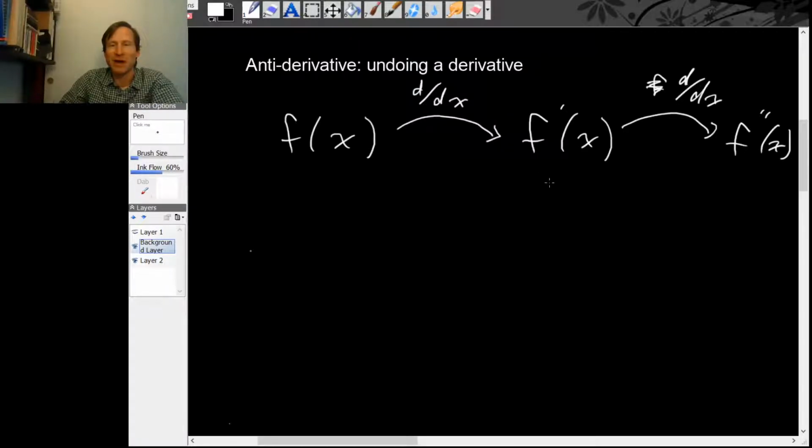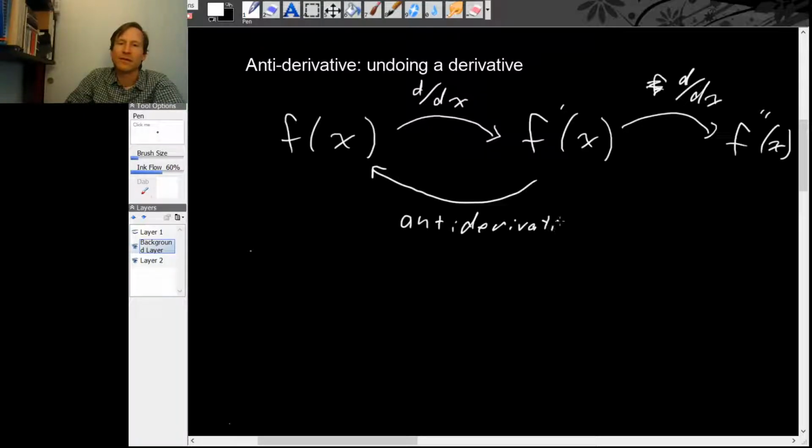But to go the other way, if you had a derivative and you wanted to know the original function, this is the antiderivative. So the antiderivative of f prime is f, and the antiderivative of f double prime is f prime.